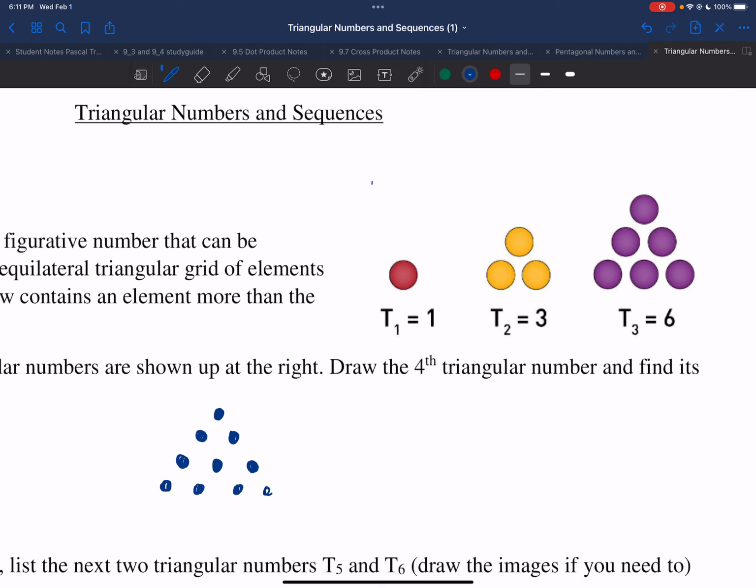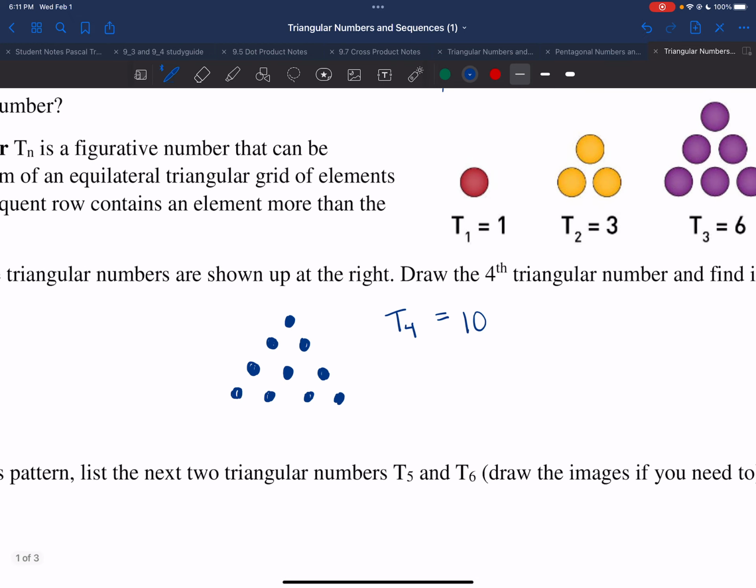It's going to give us a base of 4. So I now have 4 as my base, but I want to double check it and make sure each side also has 4 so that I know I drew it symmetrically. So my T4, if I count all the dots, 1, 2, 3, 4, 5, 6, 7, 8, 9, 10, I have a total of 10 for T4.